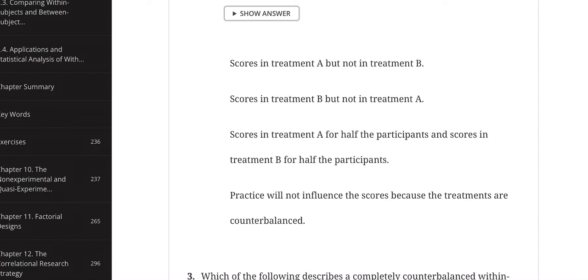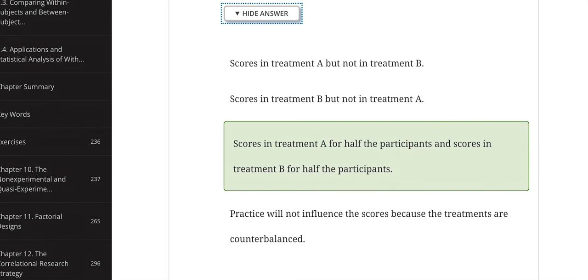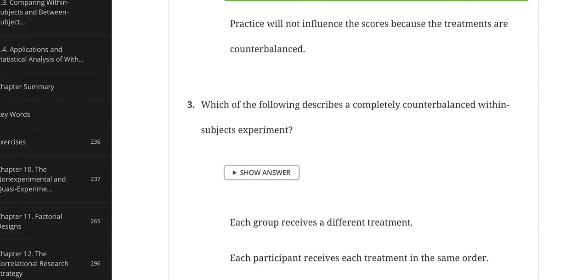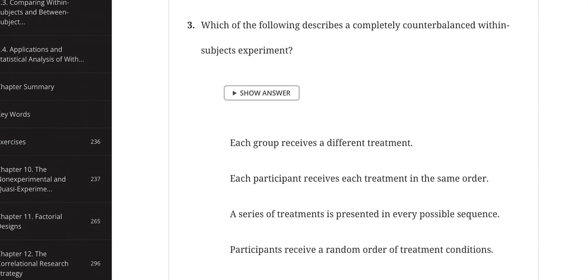If it's truly counterbalanced, then it can't be the first 2 answers, because the idea is that the scores are going to be affected in both treatments, right? That's the whole purpose of balancing this, is that the scores are going to be affected in both treatments, not just one. And so it's the third answer here, the scores in treatment A for half the participants, and then the scores in B for half the participants, because they're going to be doing those in opposite orders. And so half will be affected in one and half will be affected in the other.